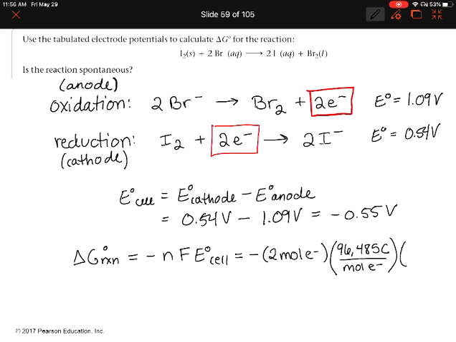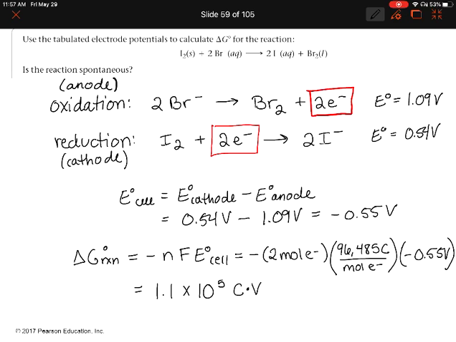And then we'll multiply that by E cell, which was negative 0.55 volts. We have two negatives, so we can already see this will be positive, which matches what we predicted. When we plug those numbers into our calculator, we get 1.1 times 10 to the 5th coulombs times volts. That's a weird unit.